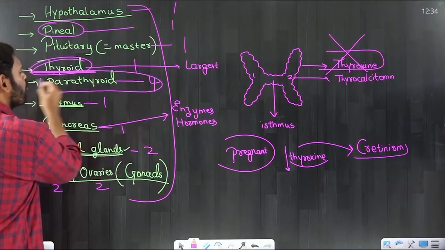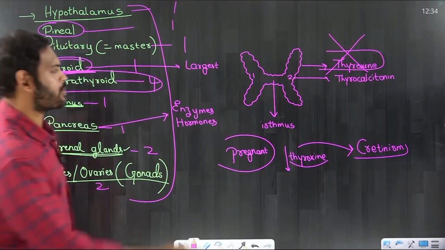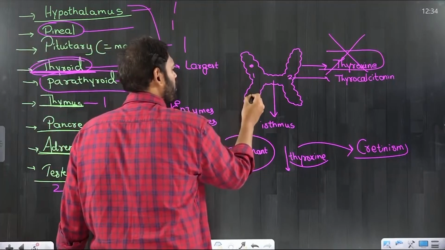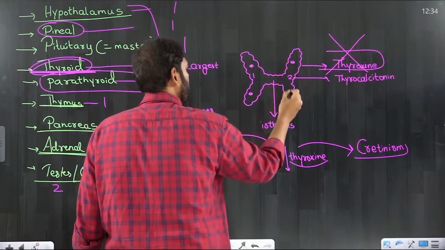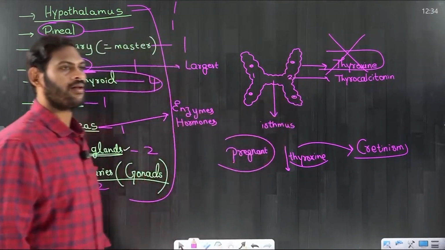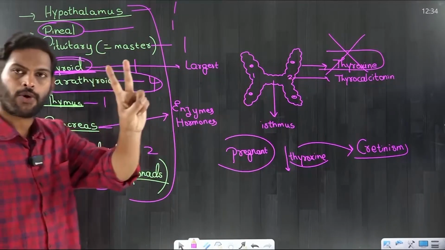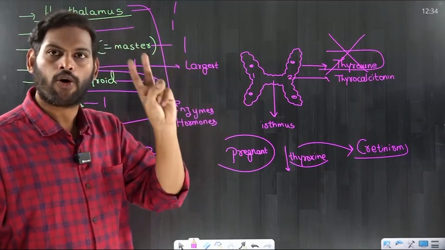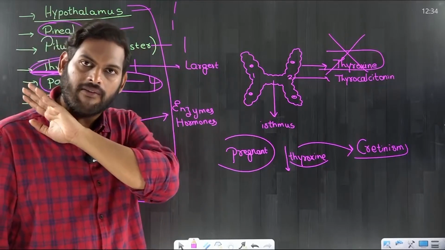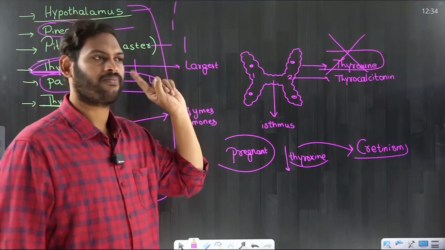How many are there? 4. 2 pairs. Attached to the thyroid, 1 pair on the left lobe, 1 pair on the right lobe. Parathyroids are 4 in number. Adrenal 2 in number. Testis 2, ovaries 2. Every remaining gland was a single copy.